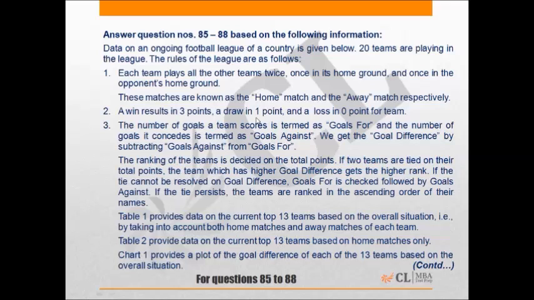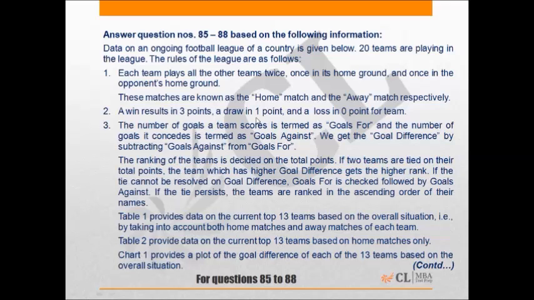The number of goals a team scores is termed as goals for, that is, the goals scored by a team against its opponent are known as goals for, and the number of goals it concedes is termed as goals against, that is, the goals scored by opponents against a team are known as goals against for the team.